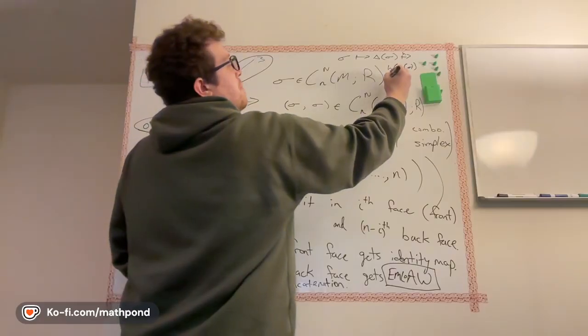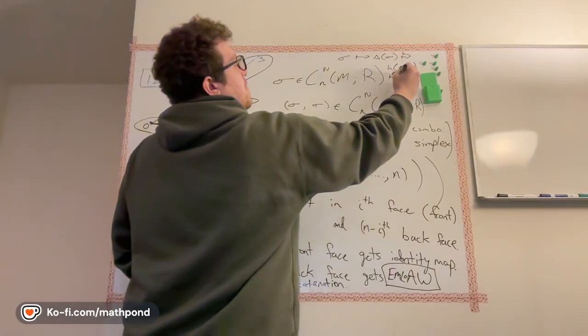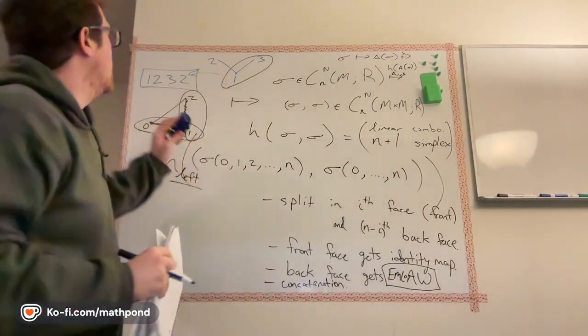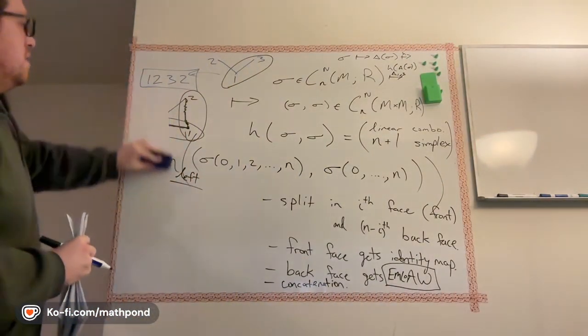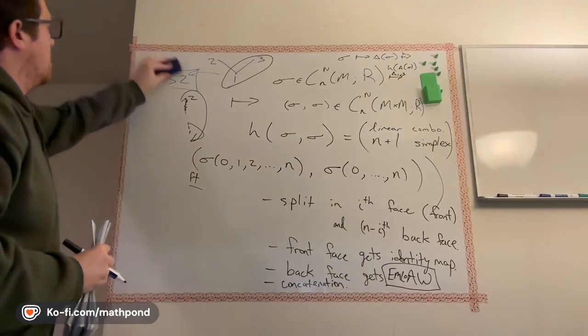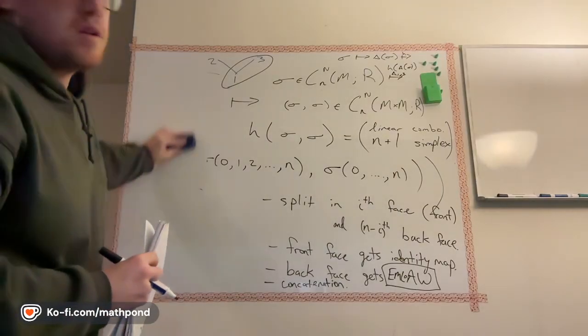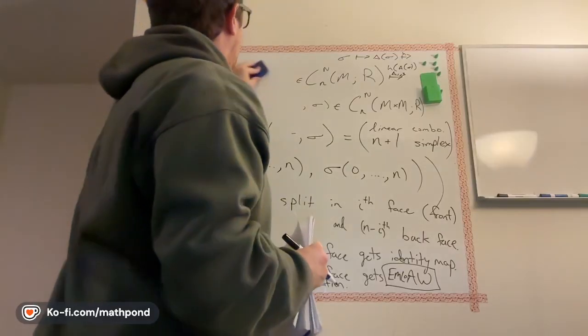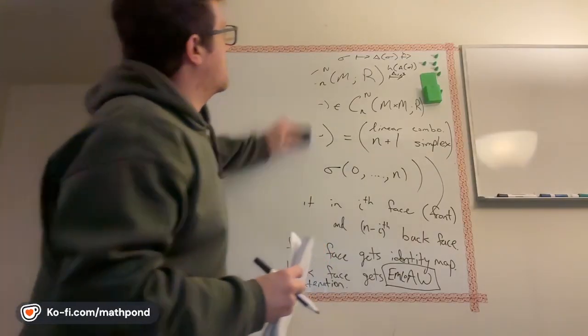And then we're copying delta 1 comma 3. So, let me rewrite this all. Let me make this really explicit here.